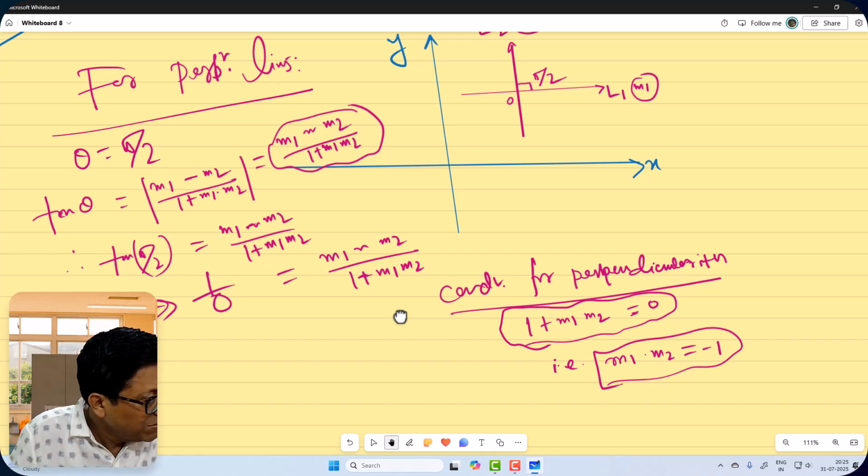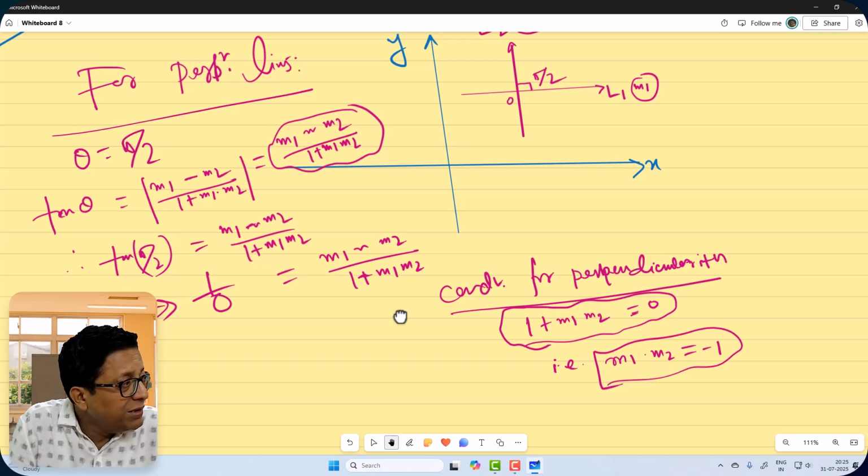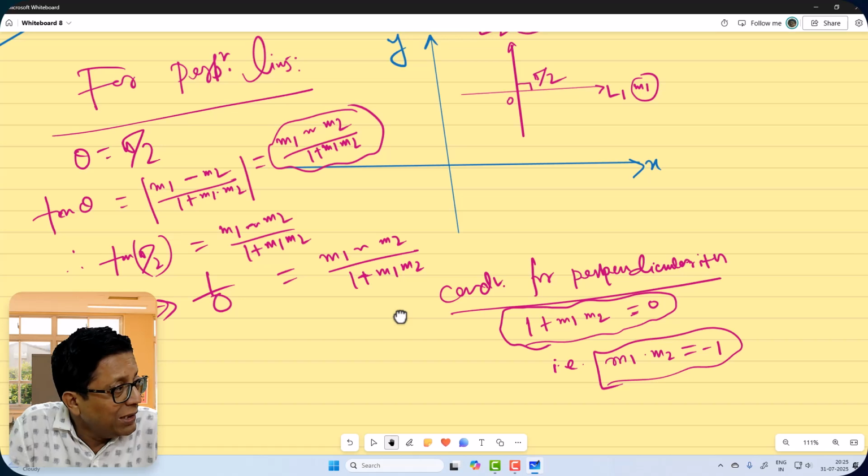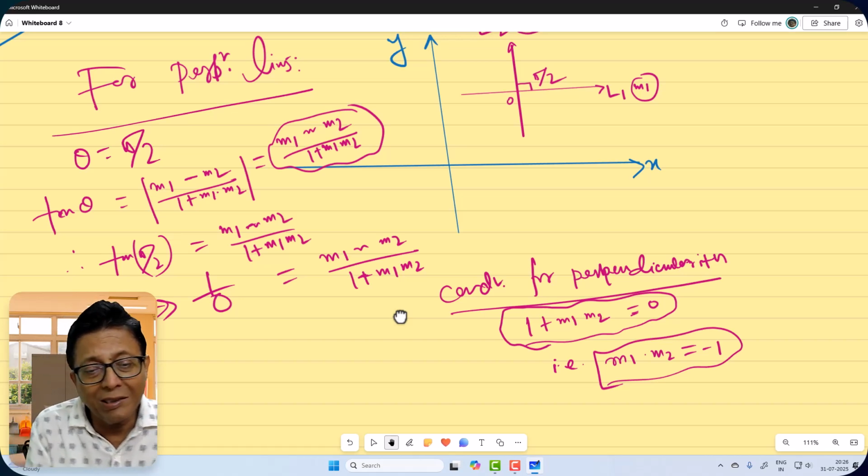Okay? This is the condition for perpendicularity of two lines. Product of slopes will be minus 1.